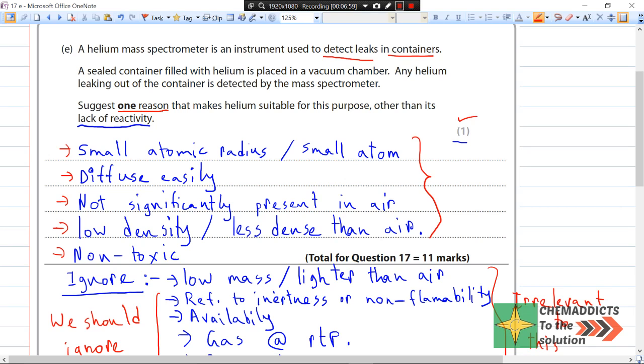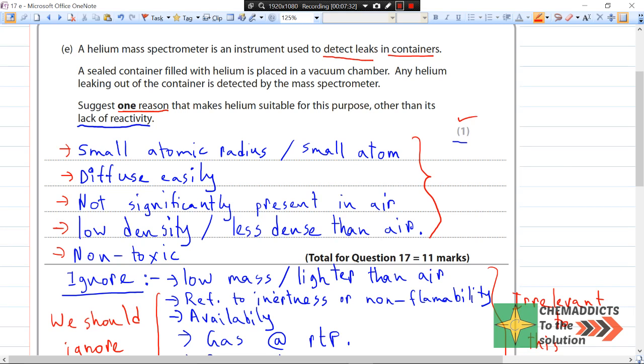Now let us explain non-toxic. Why should this be the answer? Helium is non-toxic since it is inert. Due to its inertness, helium is non-harmful for our health.